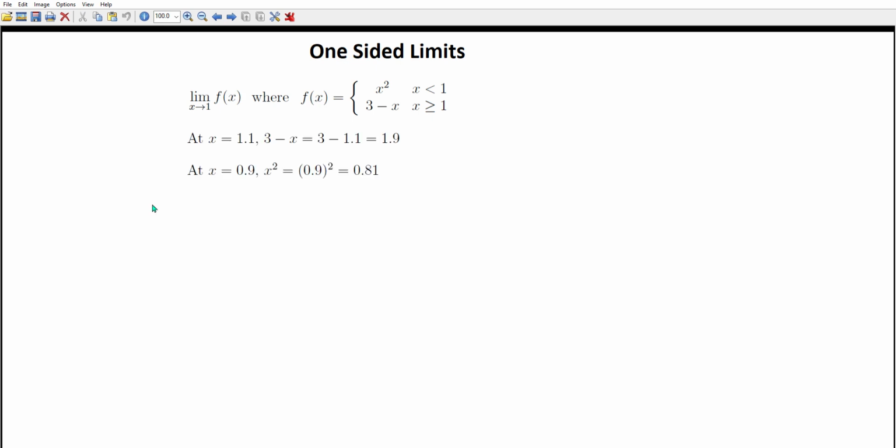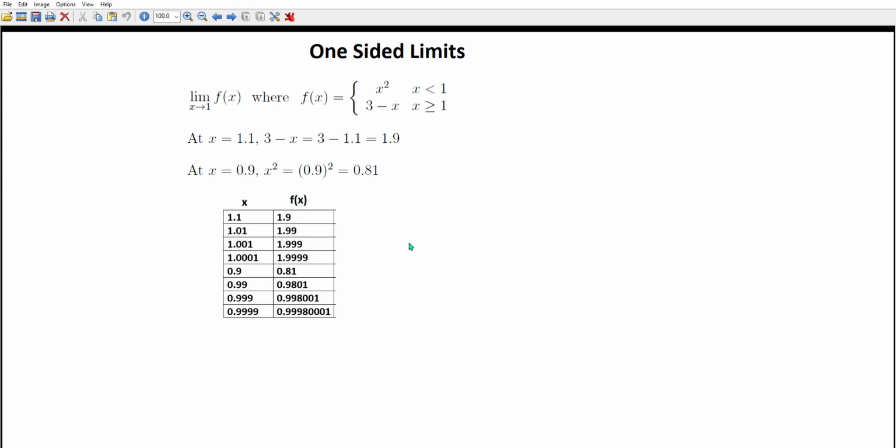When we use x values slightly larger than 1, we end up using the definition 3 minus x, and when x is 1.1, 3 minus x is 3 minus 1.1 or 1.9. When x is less than 1, say 0.9, x squared is going to be 0.9 squared, which is 0.81, and we can already see those two numbers are not very close to each other.